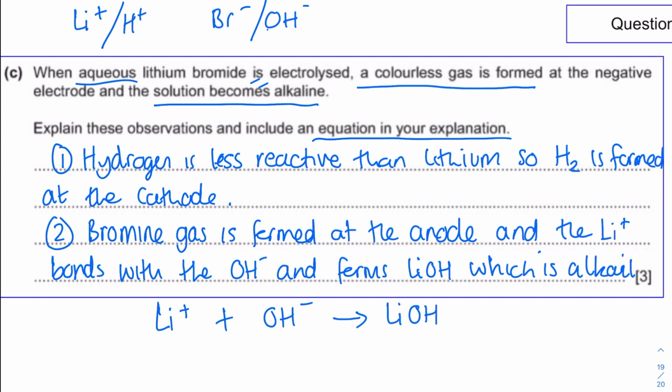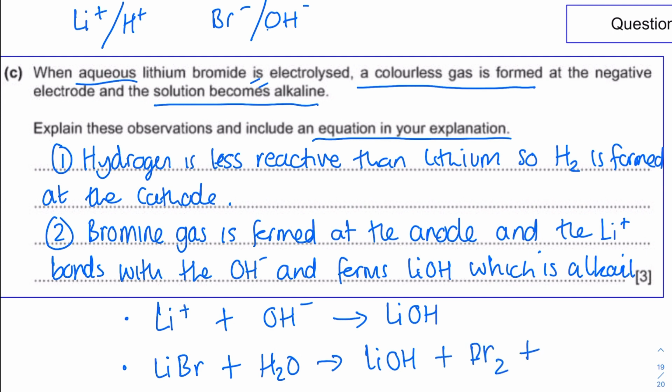You could also have the equation of the whole thing overall: lithium bromide plus water makes lithium hydroxide, bromine gas, and hydrogen gas, at which point you've then got to balance it.